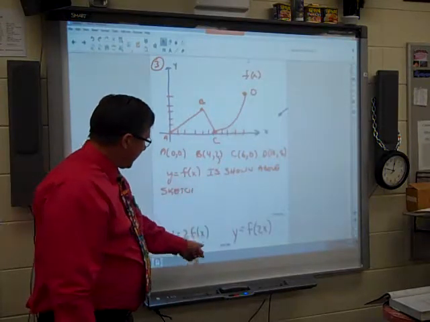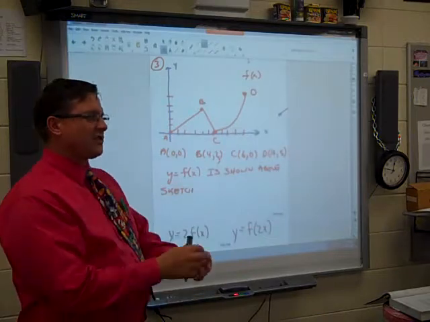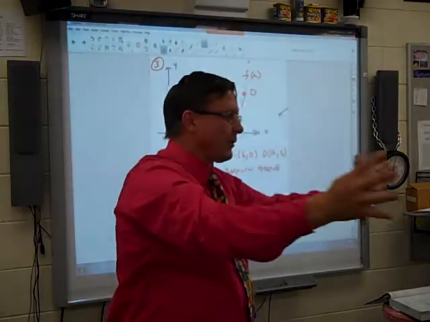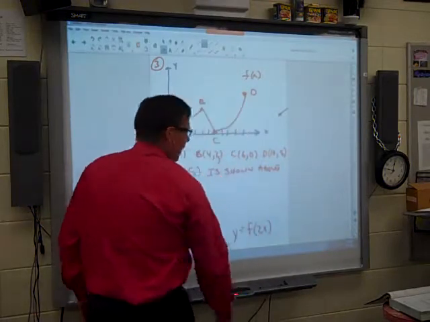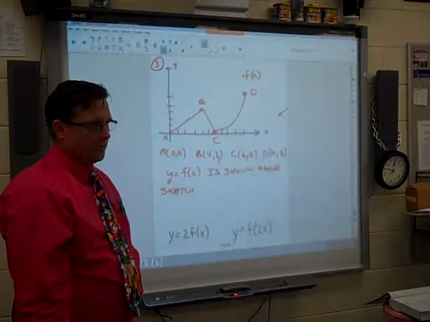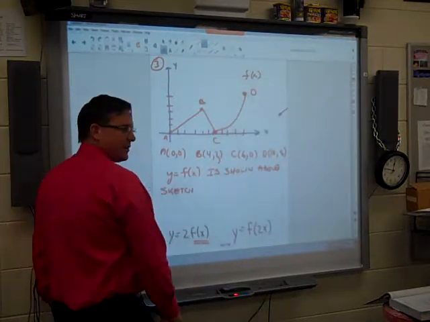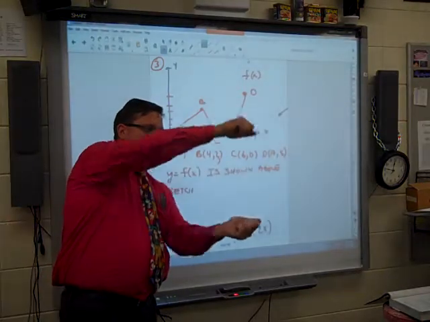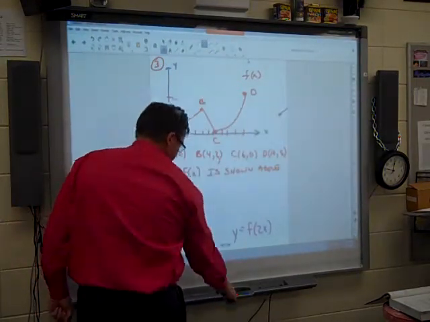Y equals 2f of x. Alright. The question is this stretching it or is it compressing it? You got to decide, is the 2 a multiplier on the y value or is it affecting the x value? Everybody, since it's on the outside of the function, this is stretching it up. And here's what gets students, and I made it black.